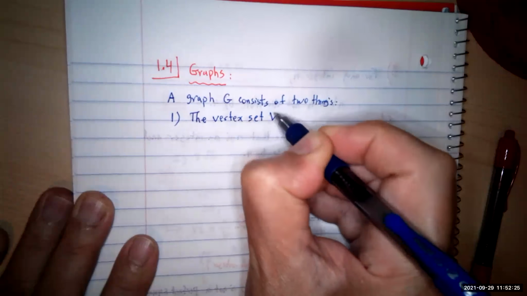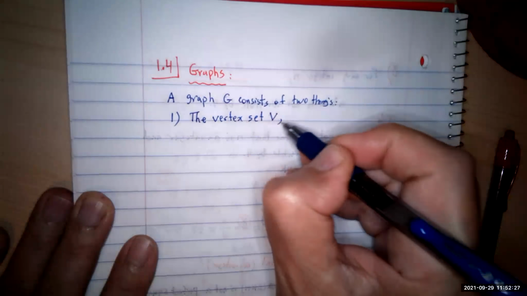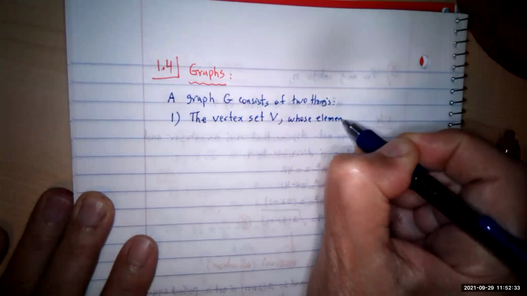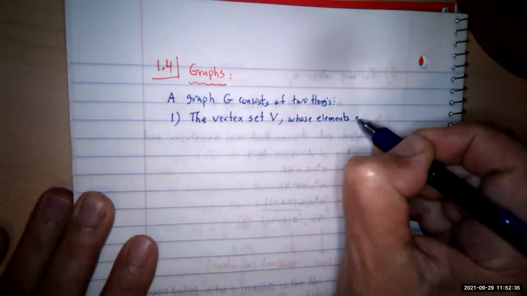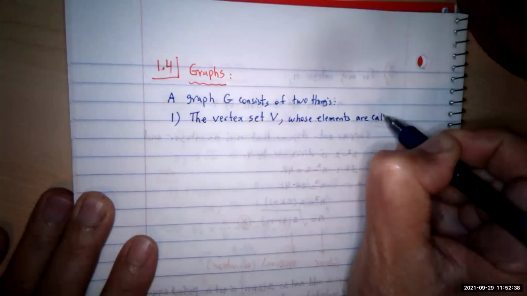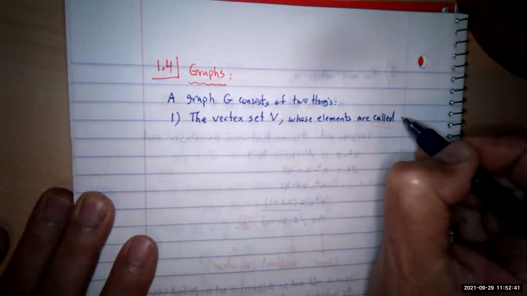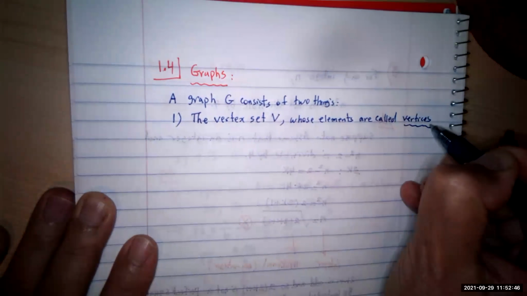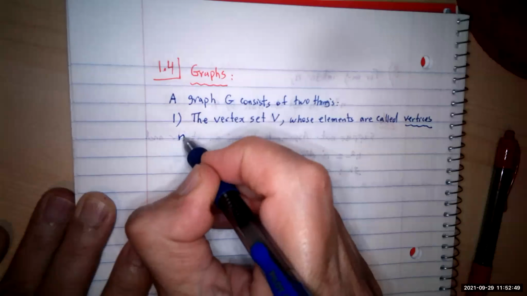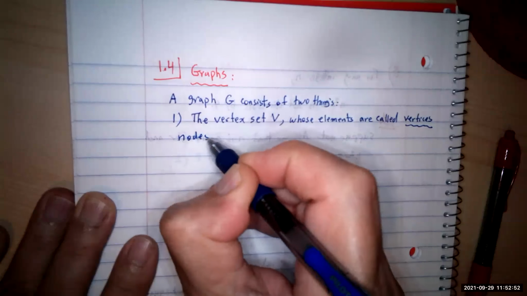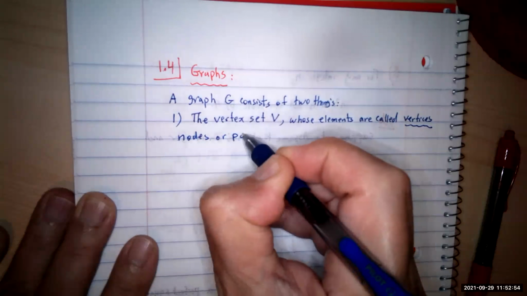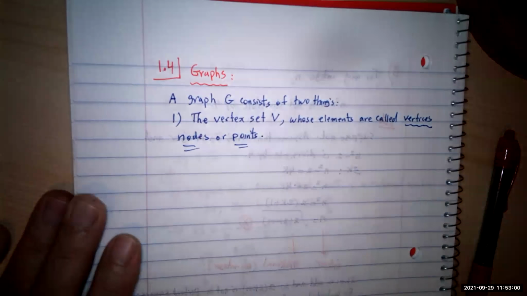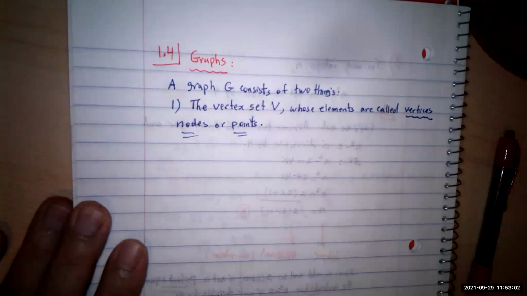We go with V for the vertex set, whose elements, members, are called vertices. Sometimes we call them nodes or points. I go with vertices. Okay, it's going to be a set of points, a set of vertices.